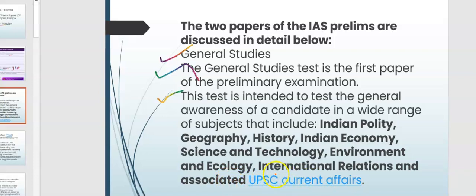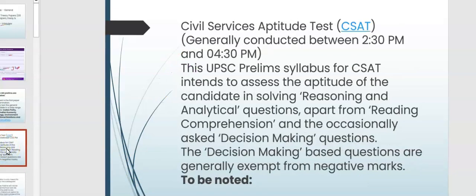So basically, they would be checking how aware you are about current affairs, about the society, about what is happening in the society, why is it happening. Everything needs to be covered under the same roof. Clear? Under the roof of the IAS examination.